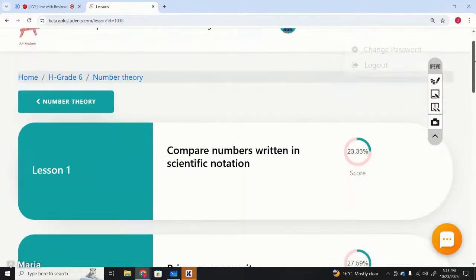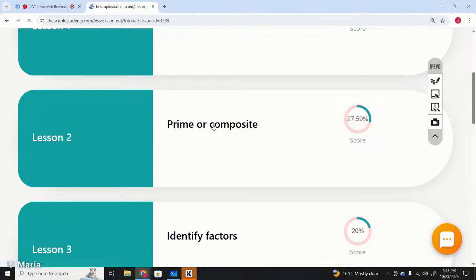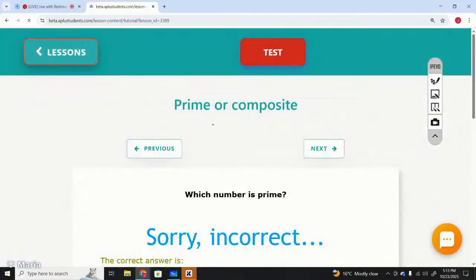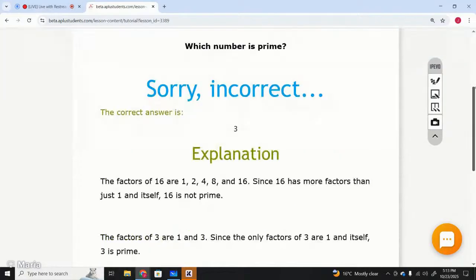The next lesson is prime or composite. Which number is prime?